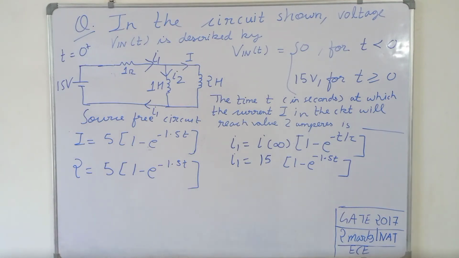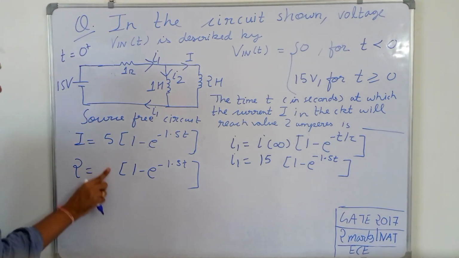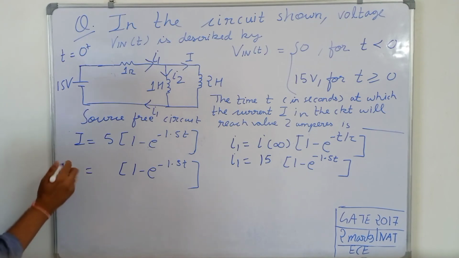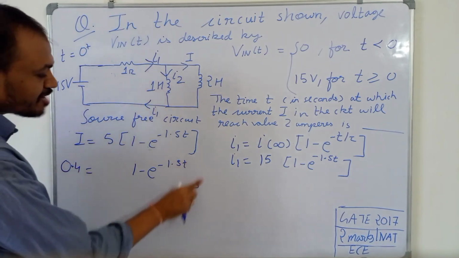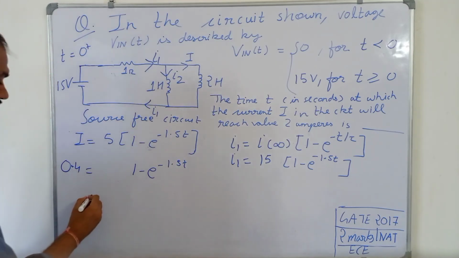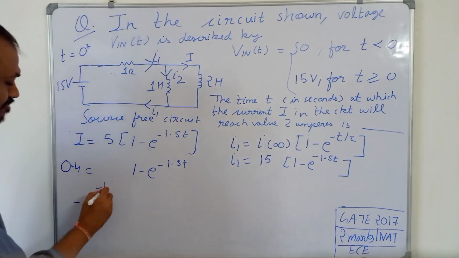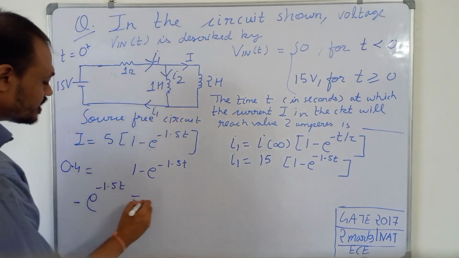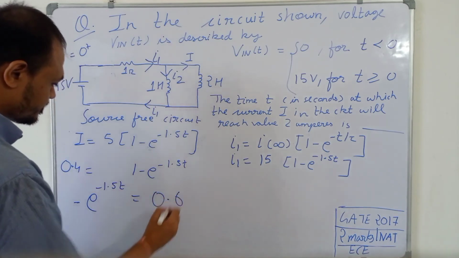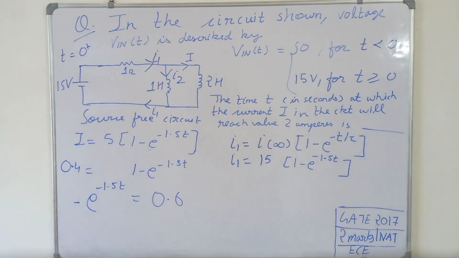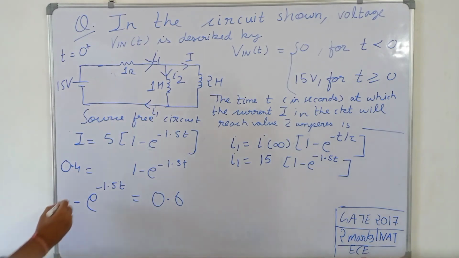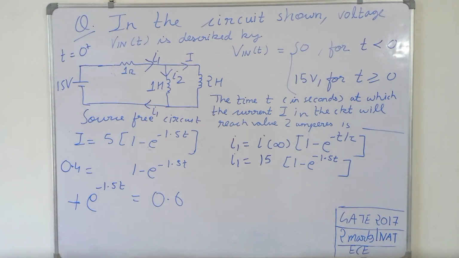If you solve it, you will get 2 divided by 5 equal to 0.4 equal to 1 minus e to the power minus 1.5 t, so e to the power minus 1.5 t equal to 0.6.